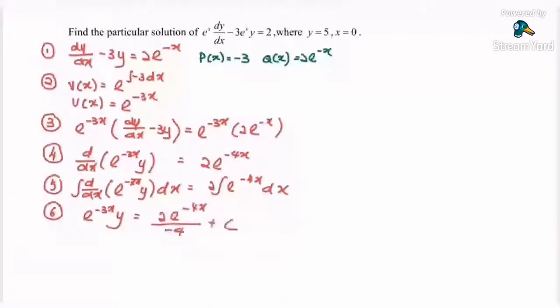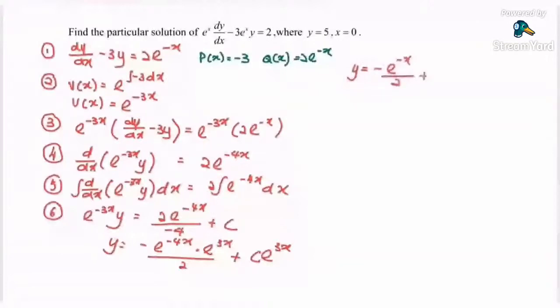Rearrange the situation. So y will be equals to negative e^negative 4x multiply with e^3x over 2 plus c e to the power of 3x. And finally, we have the general solution. y is equals to negative e to the power of negative x over 2 plus c multiplied with e^3x.